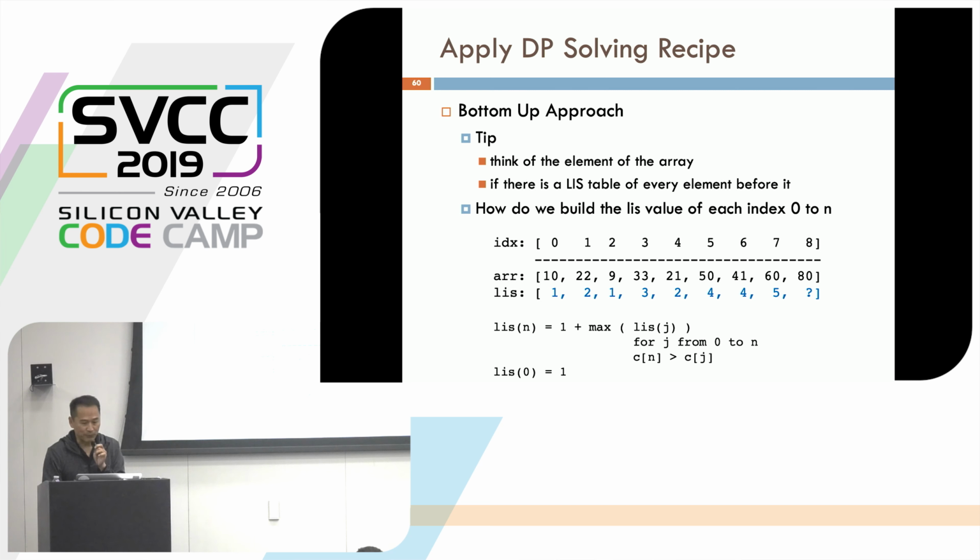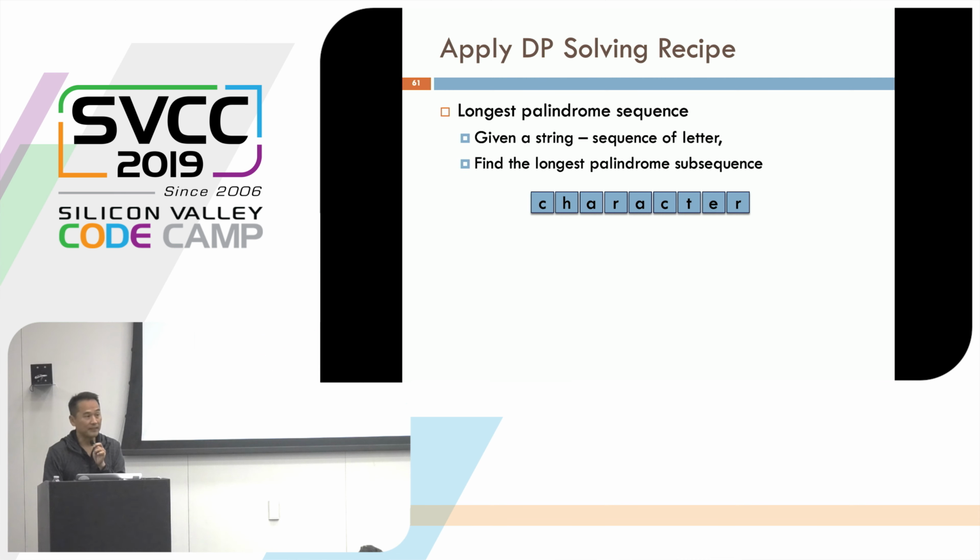All right, the last one is an interesting one here. Longest palindrome sequence. Most people know what palindrome is, right? It's a word that you can read backward, forward is exactly the same. Like civic. The word civic is a palindrome, right? So given a string, which is a sequence of letters, find the longest palindrome subsequence from that sequence of letters.